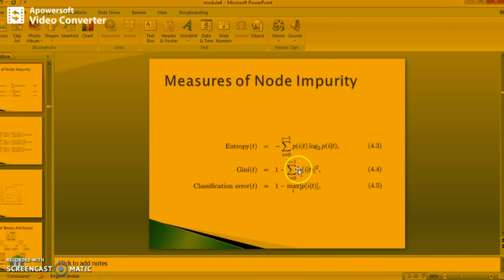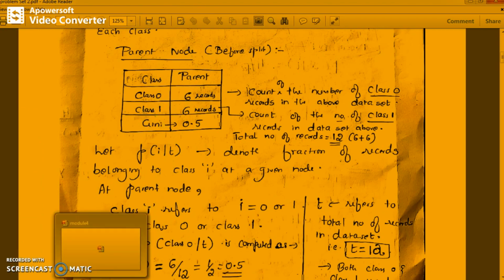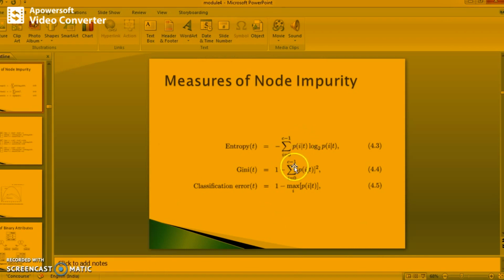Here C indicates the class. In our problem we have only two classes, class 0 and class 1, right? So our formula says i equals 0 to C minus 1, and here we have only two classes, and then P of i t.